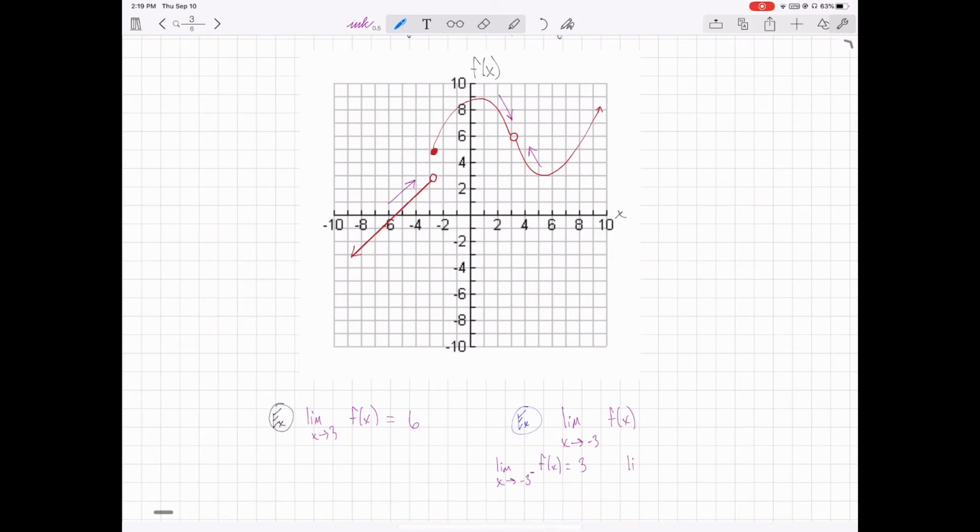And on the right, as we head down this way, that appears to be heading towards a y value of 5. Okay, so the left and right hand limits are not the same, therefore the limit doesn't exist.